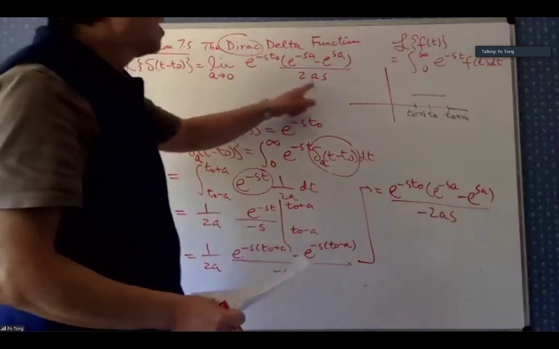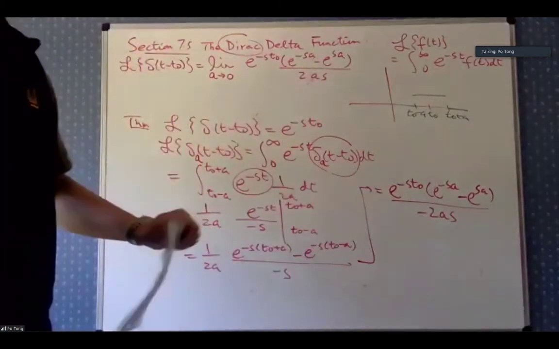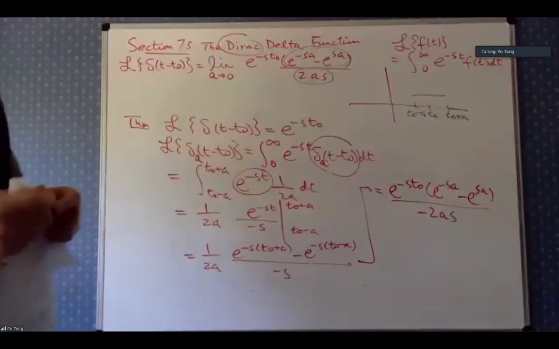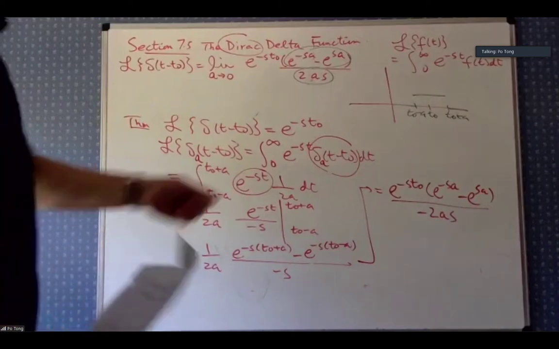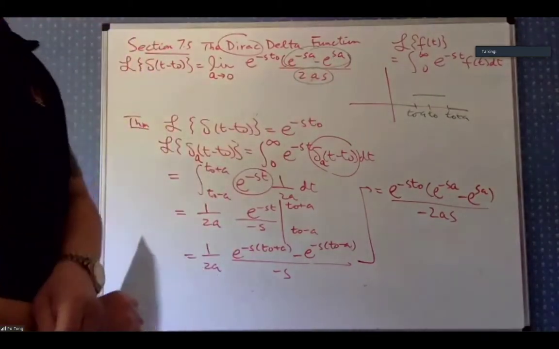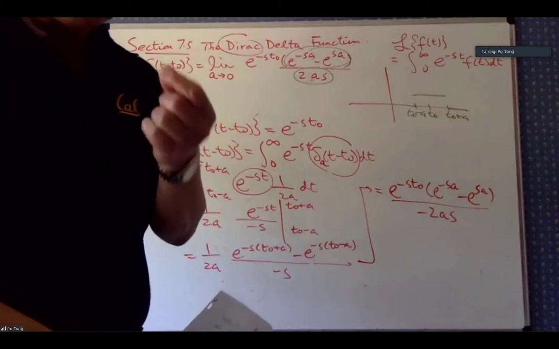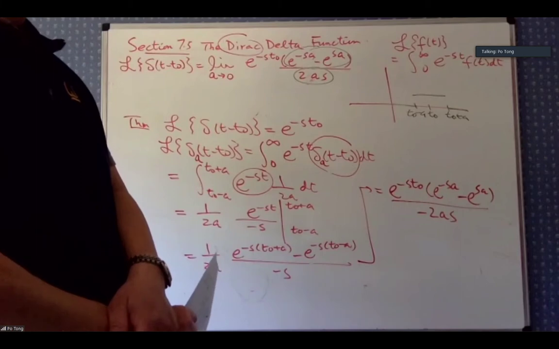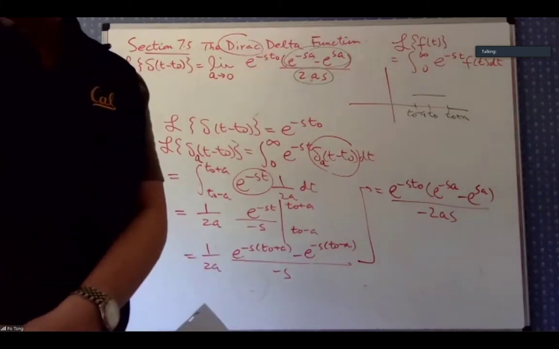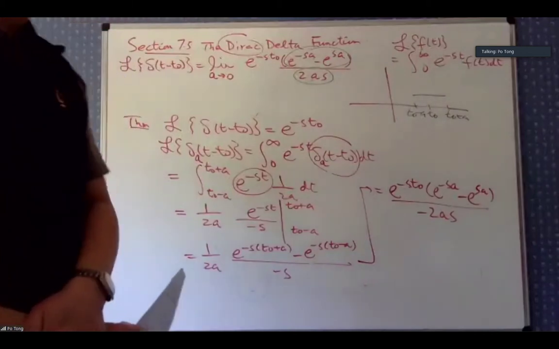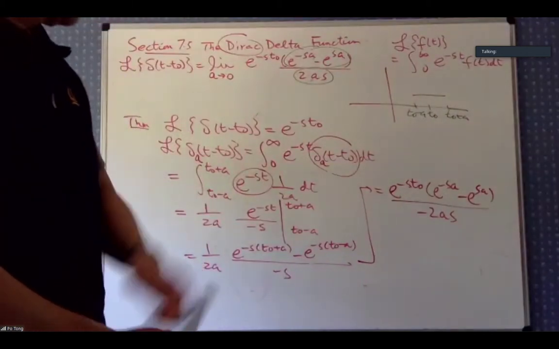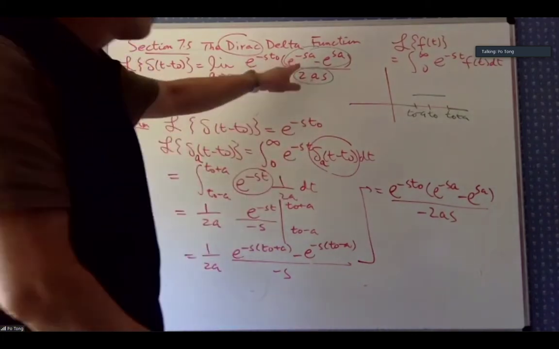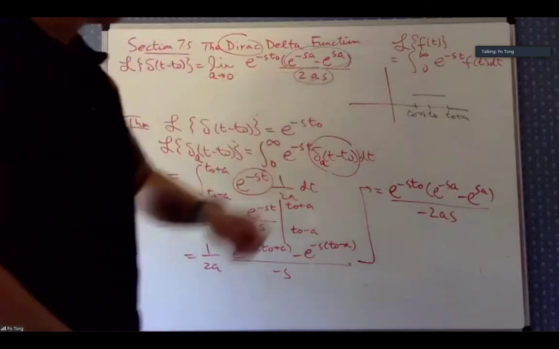When a goes to 0, what happens to the top and bottom? The top is 1 minus 1, not 1 plus 1: e to the power 0 minus e to the power 0, which is 0.